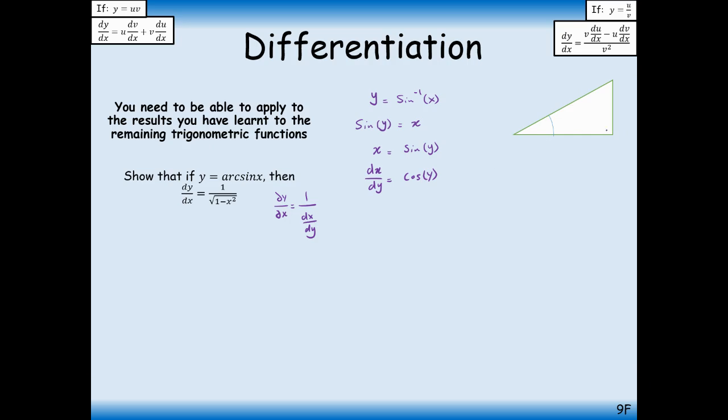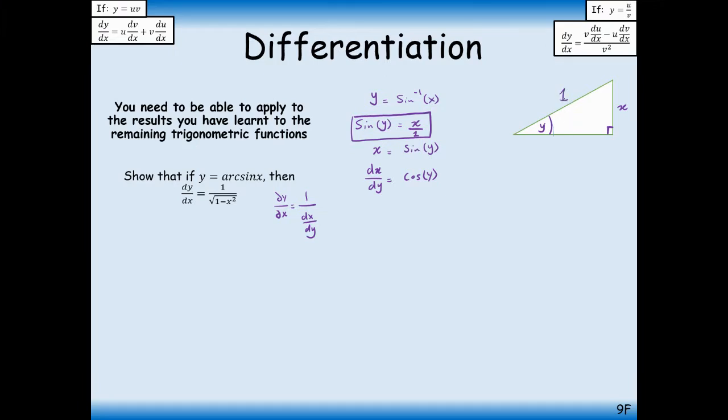But that's why I've put the right angle triangle here for you. If we were told that sine of y is x, that means that y is the angle here. The opposite over hypotenuse, we can think of x as x over 1. So x is here, 1 is here.